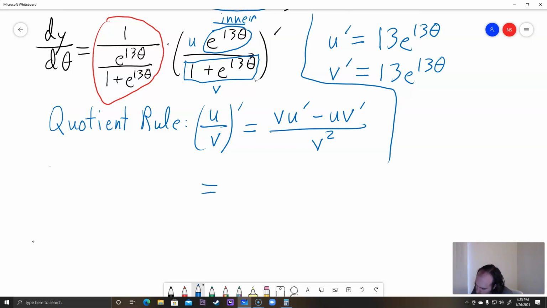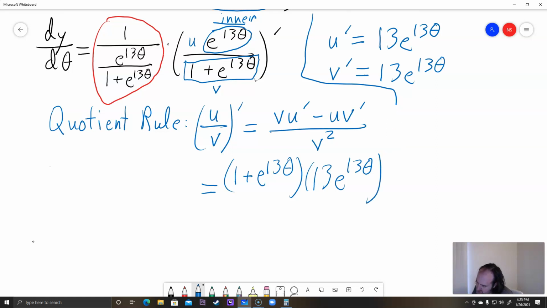So we've got 1 plus e to the 13th theta, that's our v, times u prime, which is 13 e to the 13th theta. Okay, that right there was vu prime. And then we have minus uv prime.